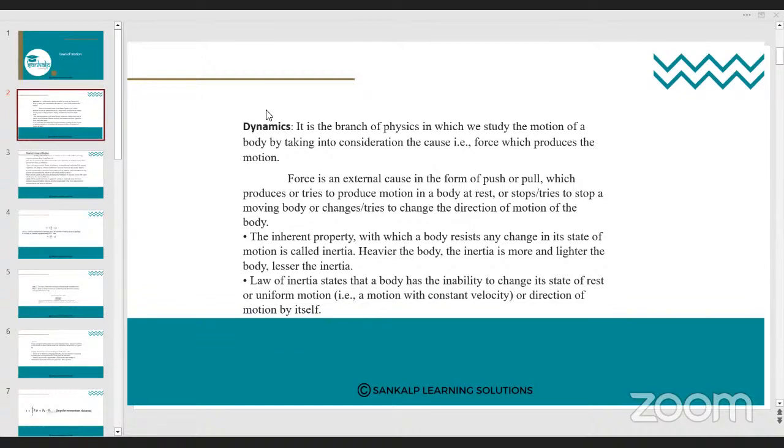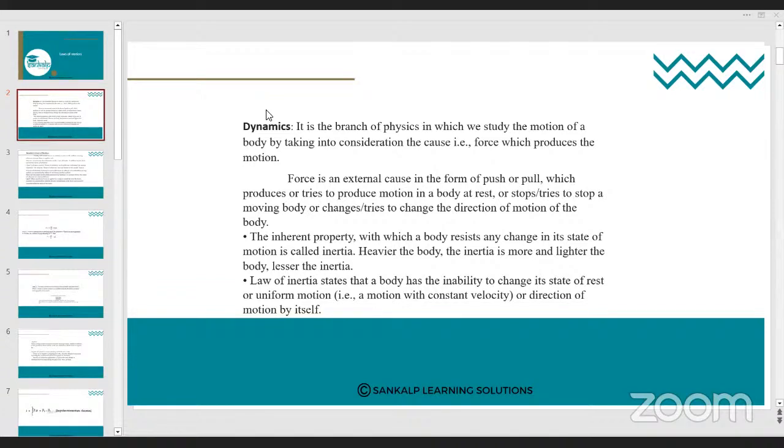The rate of change of momentum of a body is directly proportional to the force applied on the body and takes place in the direction of the applied force. Yes, correct, very good.